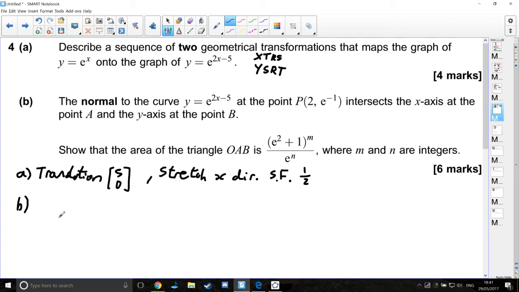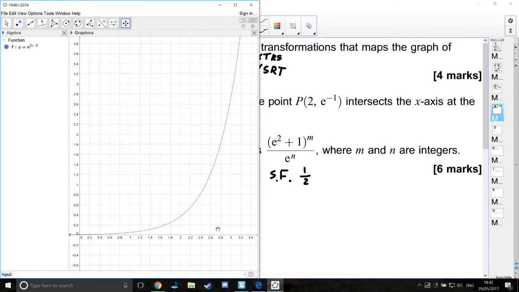So if y equals e to the 2x minus 5, then the derivative y prime is equal to, using the chain rule, bringing the 2 forwards, 2e to the 2x minus 5. If I sub 2 into this, I will get the gradient of this curve at point P, so I'll be able to work out what that slope is there.